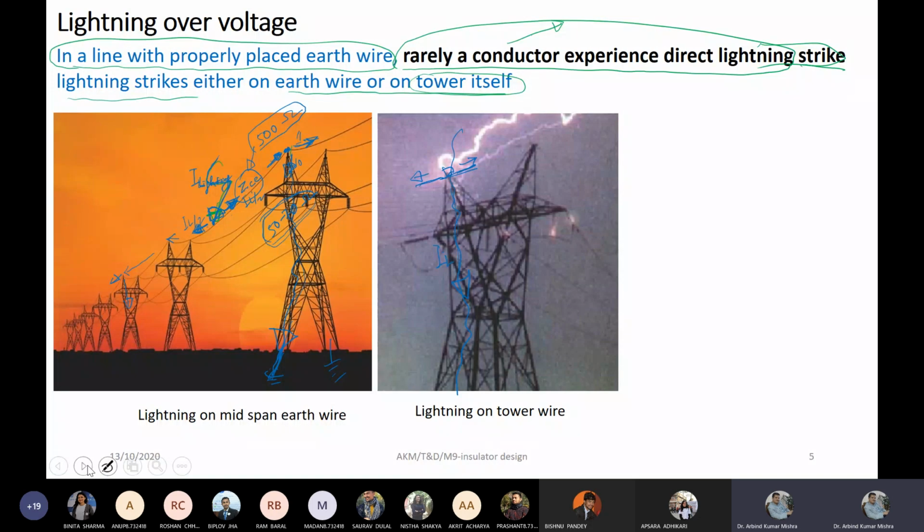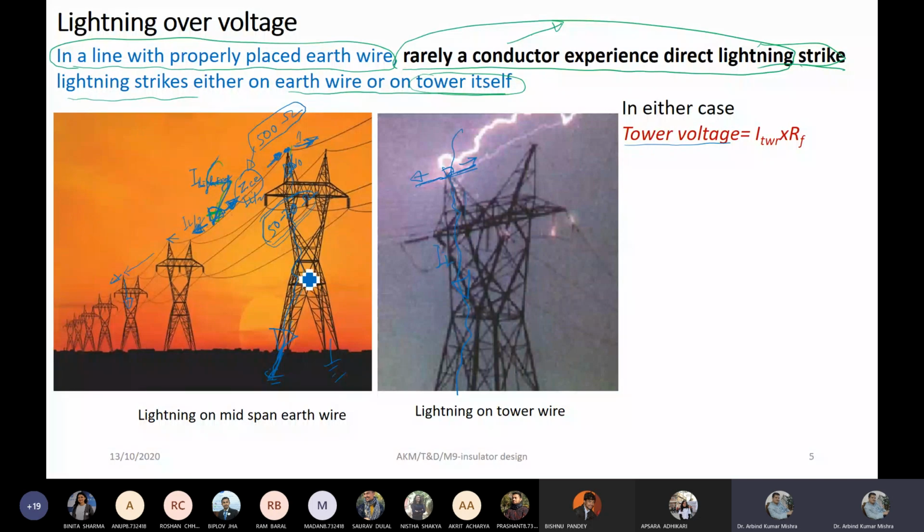Why I have discussed all of these things with you is, in either case, whether the lightning strikes the mid span or the tower itself, how much is the voltage at the tower?